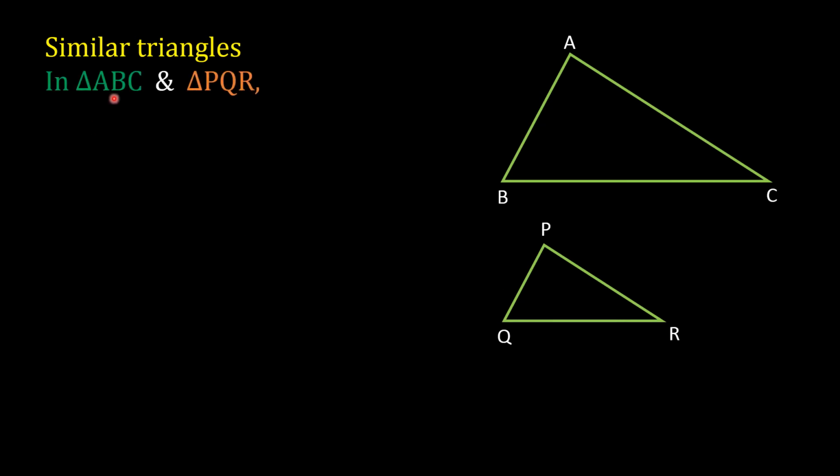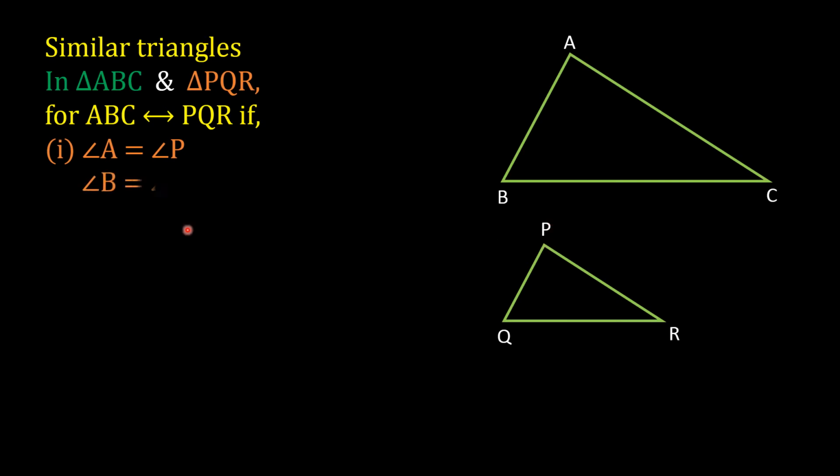So, in triangle ABC and triangle PQR, for one-to-one correspondence ABC and PQR, the first set of condition is: angle A equals angle P, angle B equals angle Q, and angle C equals angle R.